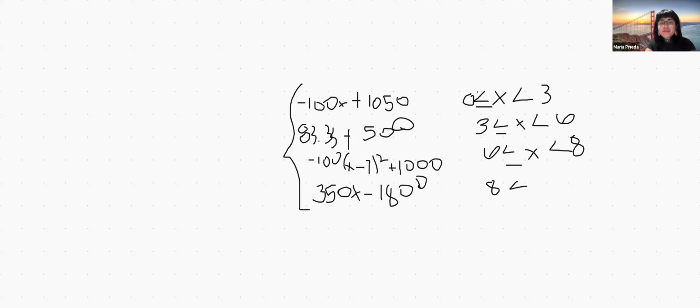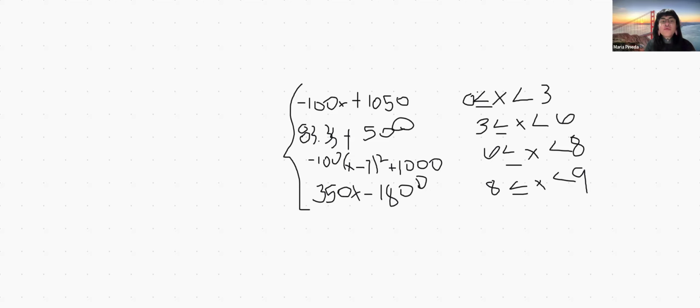It would be 0 less than or equal to x less than 3, then 3 less than or equal to x less than 6, and the last one would be 6 less than or equal to x less than 9.